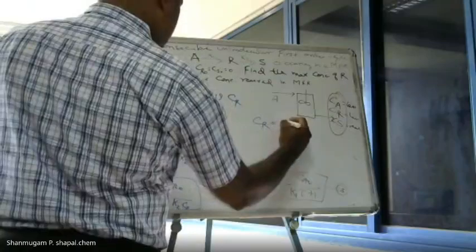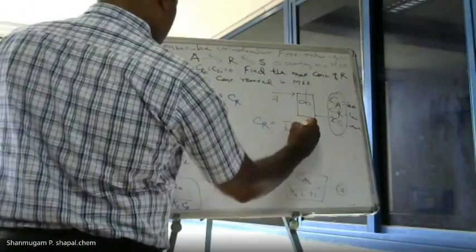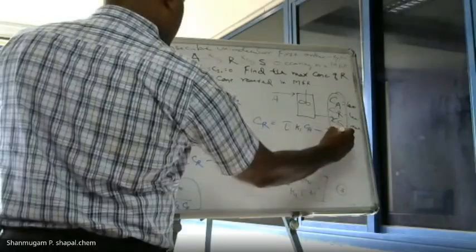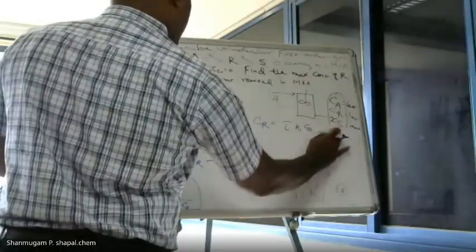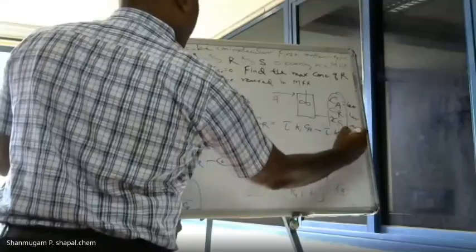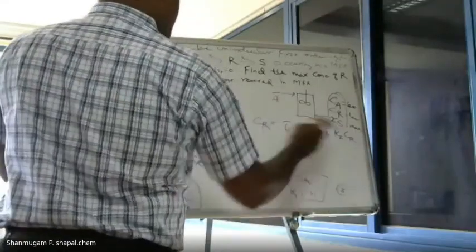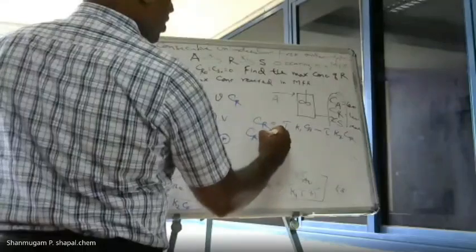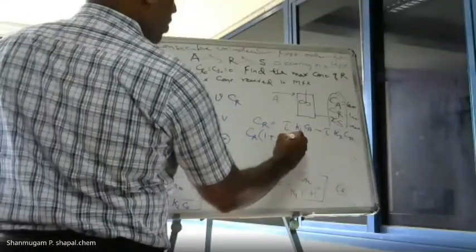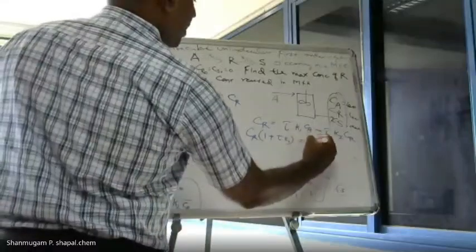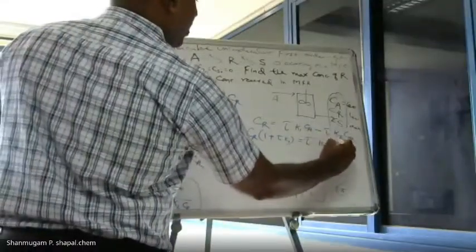CR will be equal to tau K1 CA minus tau K2 CR. You bring this here, and that will be CR into 1 plus tau K2 equal to tau K1 CA.